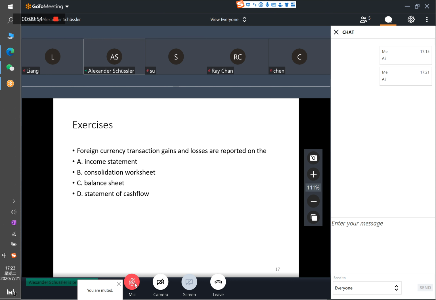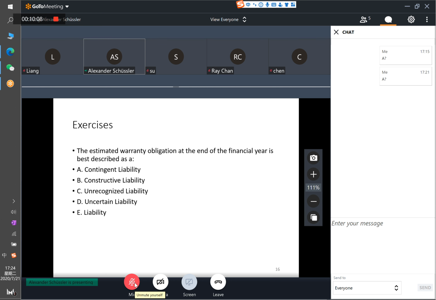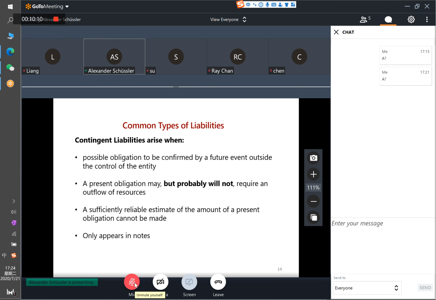Think about it, we're talking about foreign currency transaction gains and losses. This is when a firm sells a good and then the payment comes later.